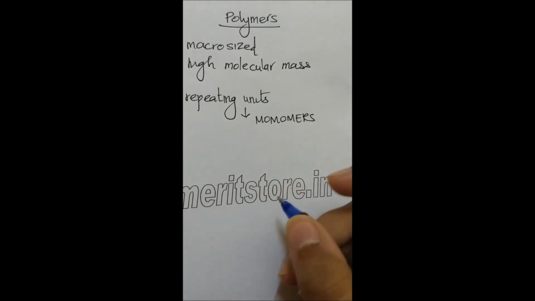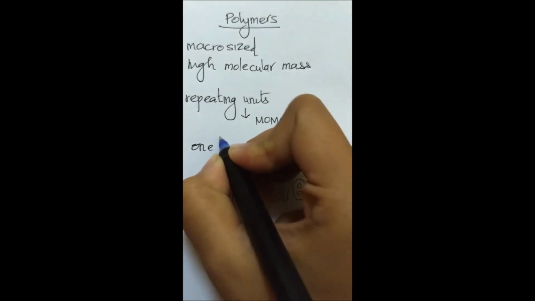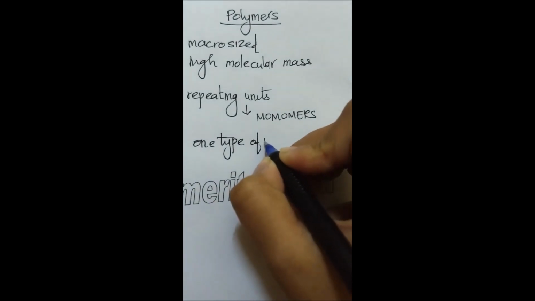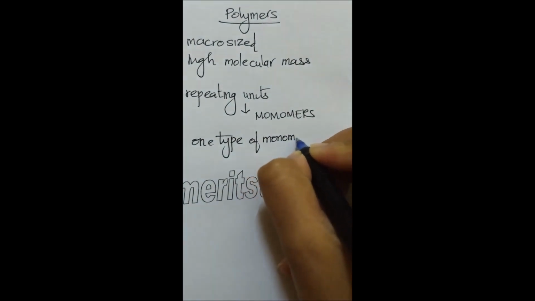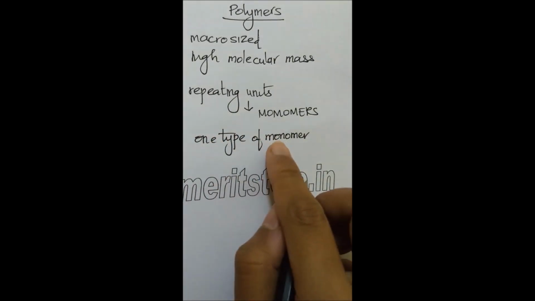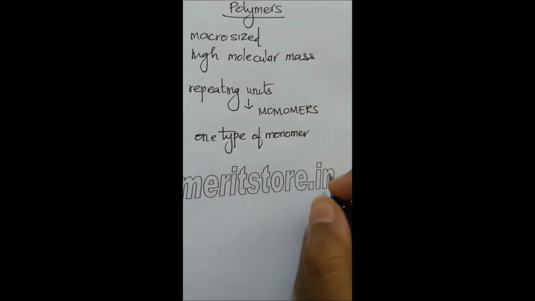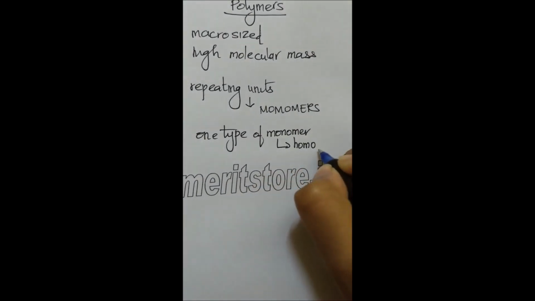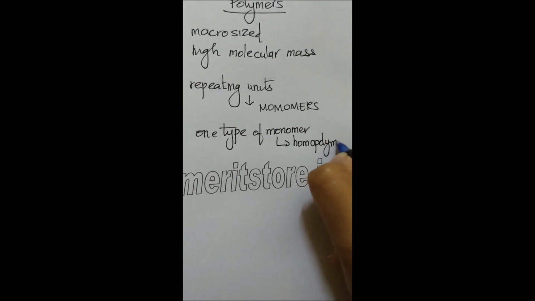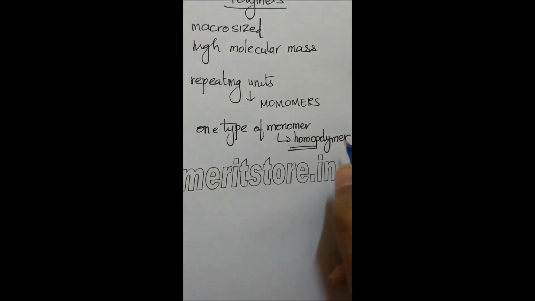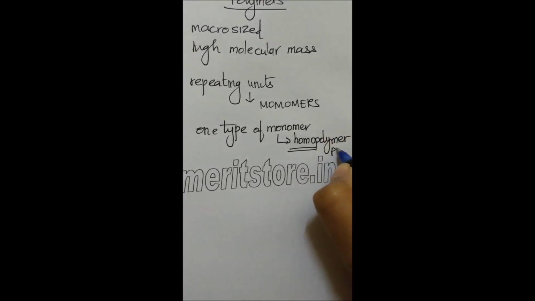A polymer formed from only one type of monomer is called a homopolymer. Homo meaning same and polymer. An example of this is PVC.